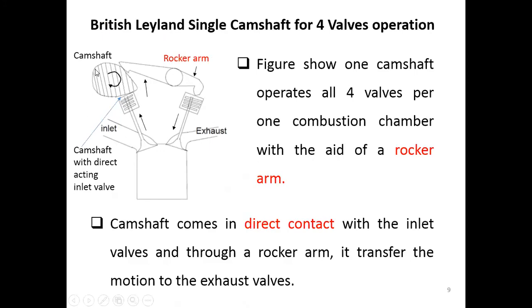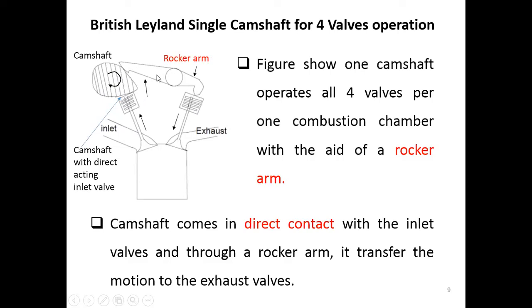They have only one single camshaft here that can operate two valves by using the rocker arm here. The camshaft will come in direct contact with the inlet valve here. When this camshaft rotates, along the way it also has direct contact with the rocker arm here.